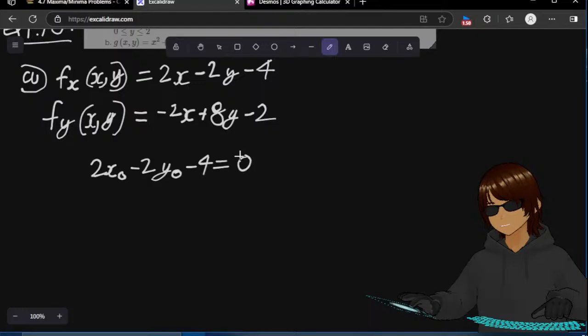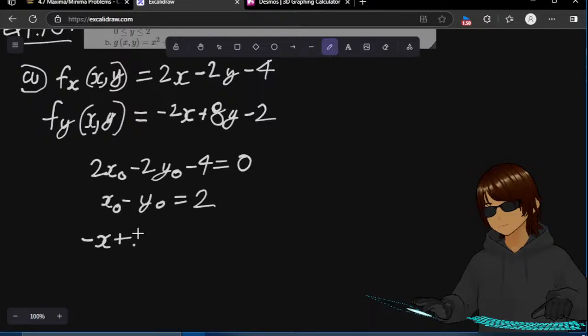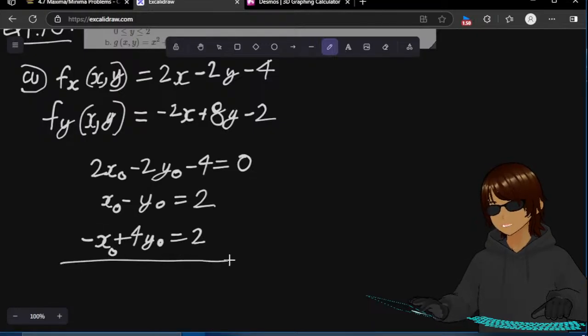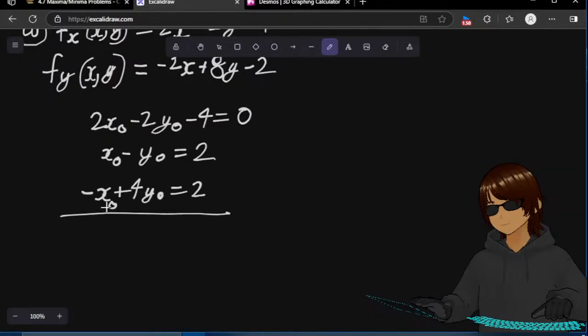Is equal to 0, but I can half it. And then I can half this as well. So we have this. We can add them. So x cancels out. We are left with 3y equal to 2.